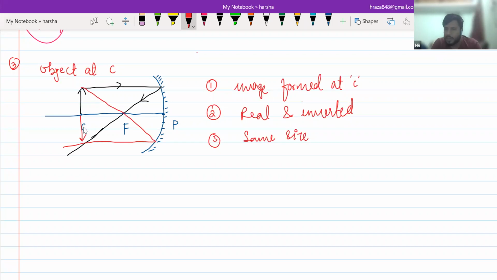So a question can be asked: where should an object be placed in case of a concave mirror so that the image size will be equal to the object size? This is the only case in which the object size and image size are equal in a spherical mirror, that is the concave mirror. Is that clear, everyone? Again, sir, again.